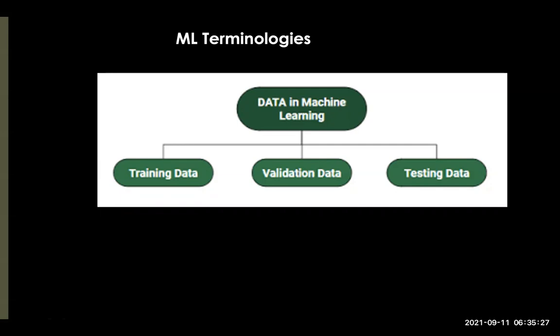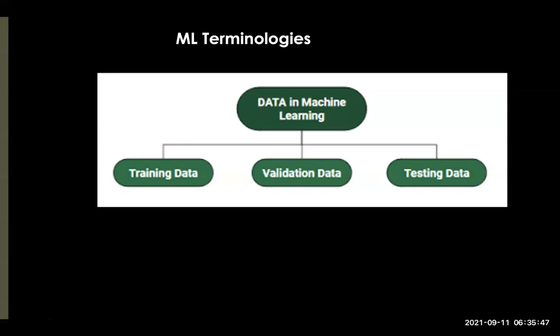Now, the part that you use to build the model is called the training data. So the model will always do very well on it because that's the part you used to build the model. The second part, which I said is used to adjust the settings to improve the performance of the model, is called the validation set or validation data.